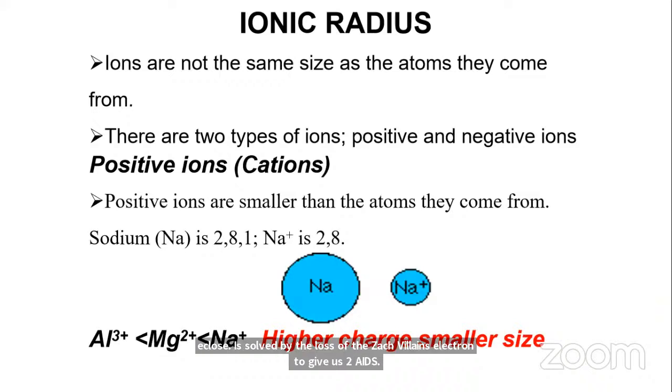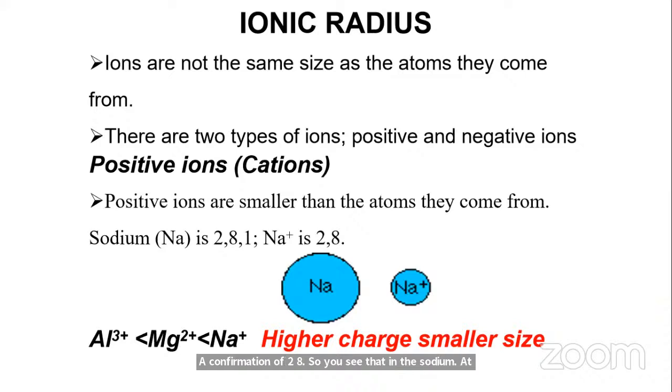So you see that in the sodium ion, the valence 3s orbital that contained that one electron is now empty.